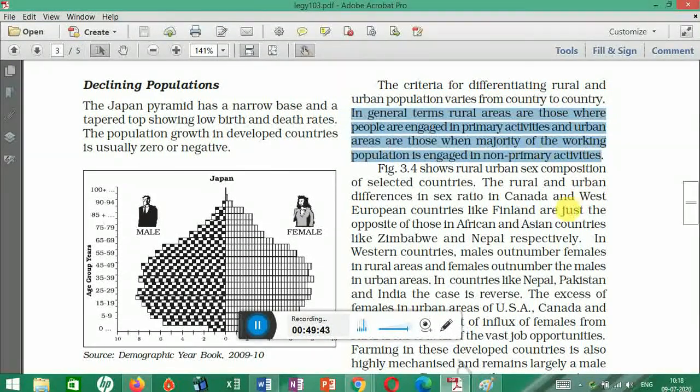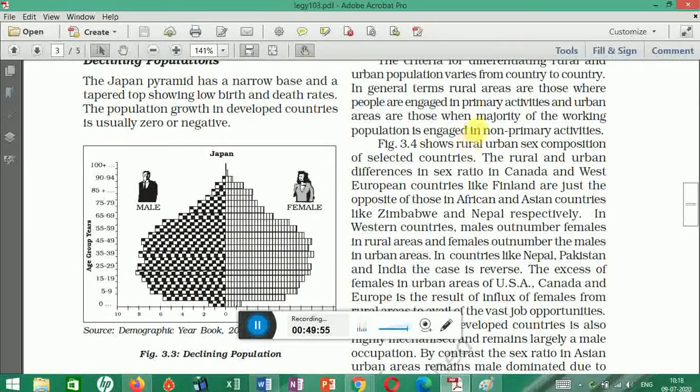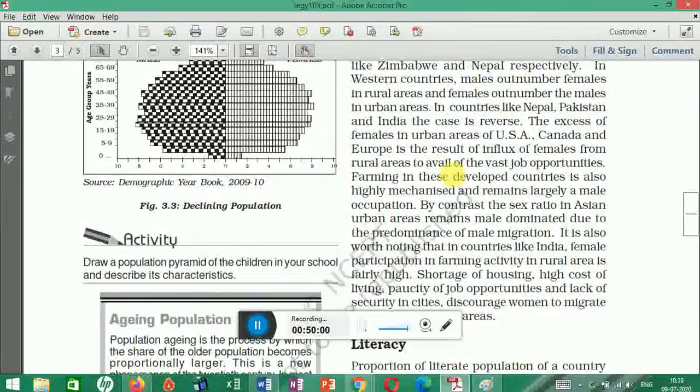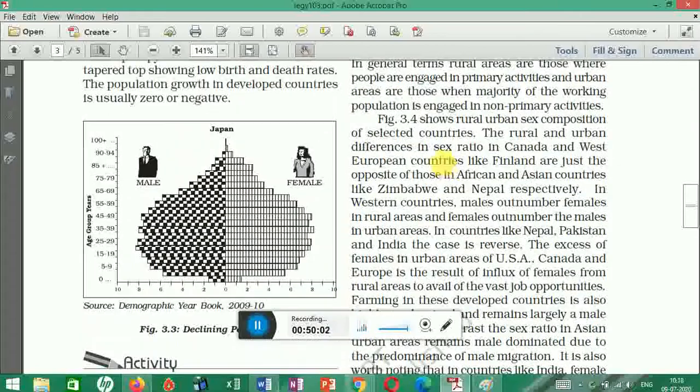As you know, in the rural areas we find mainly primary activities like hunting, fishing, agriculture, whereas in the urban areas we have mainly service sectors, manufacturing, and non-primary activities. And next we have the composition, the age-sex composition in different parts of the world.